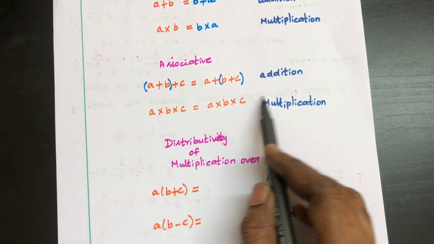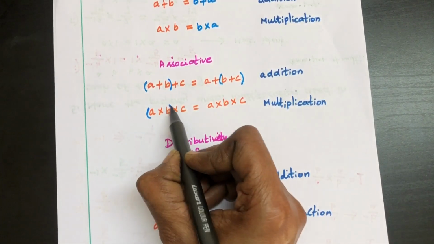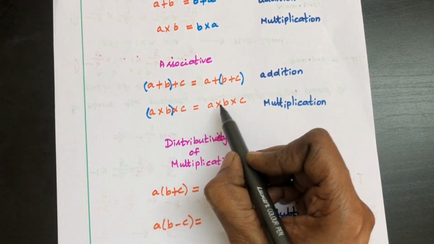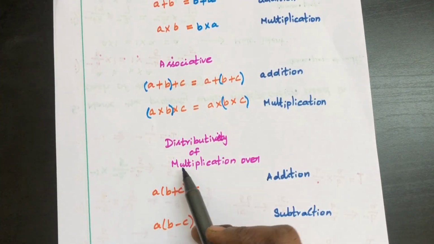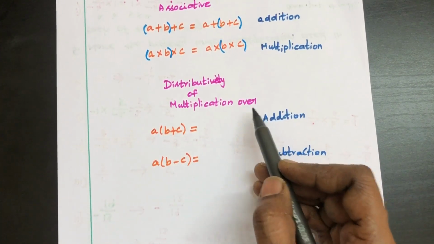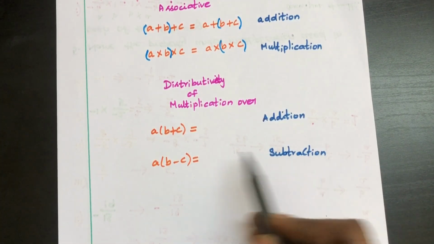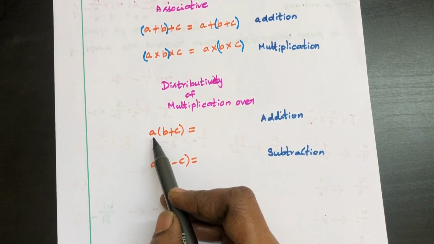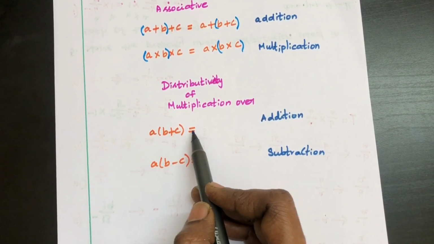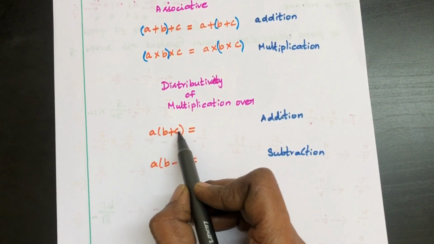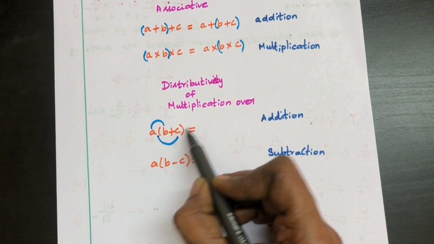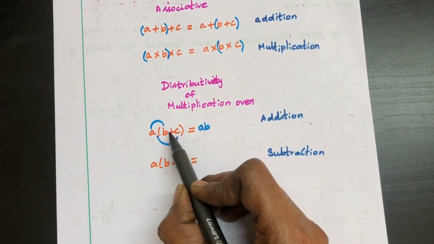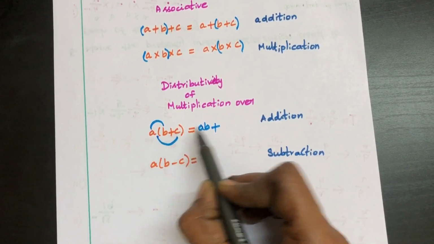In the same way, multiplication: a into b into c is equal to a into b into c. Next, distributivity of multiplication over addition and subtraction. Over addition, the formula is a into b plus c is equal to, this a is common for both, so multiply this way, AB and AC: AB plus AC.